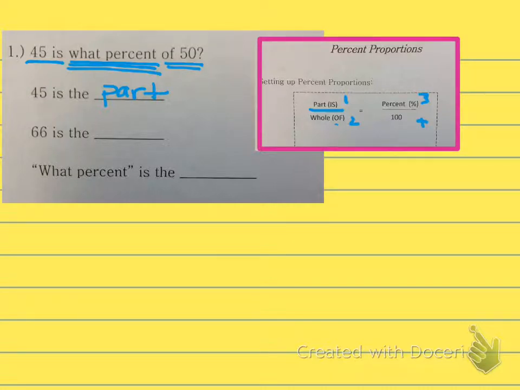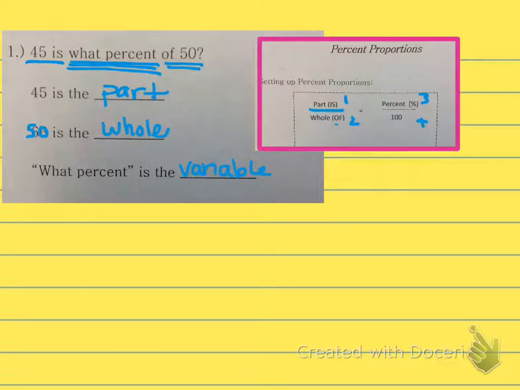And I have 66 here, but this should be a 50. 50 is underlined twice, and it's in the of, so it is the whole. And what percent is the question? So that's our variable that it's asking us.